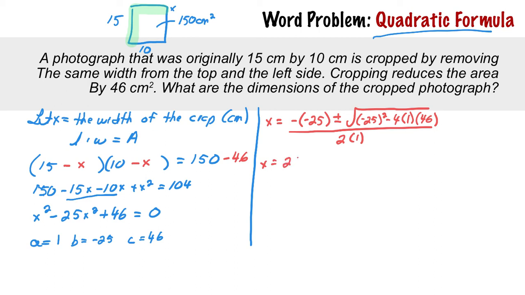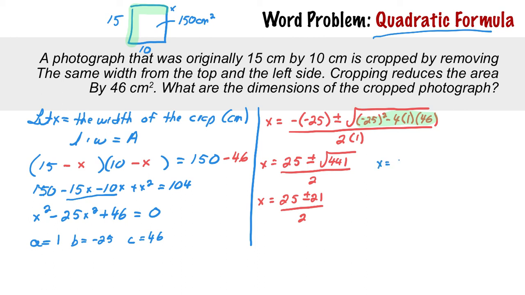Tidy up the double negative, becomes a positive, plus or minus. In your head or on a calculator, do the entire value under the radical sign. And this will become 441 all over 2. 441 is a perfect square, so this is actually factorable. So it's plus or minus 21 all over 2.